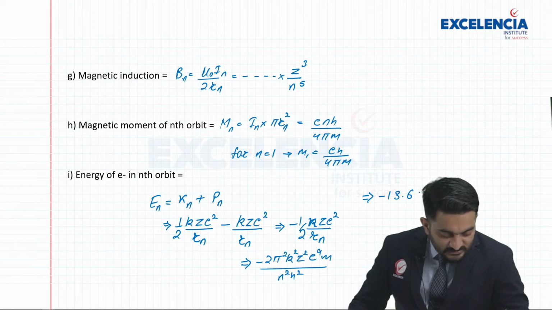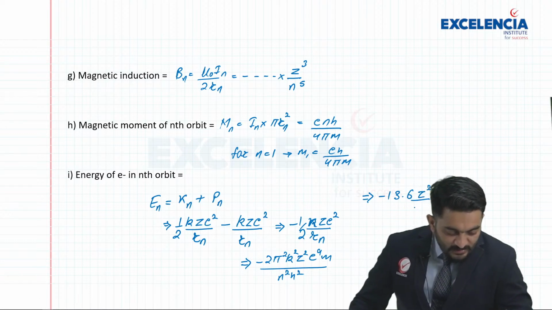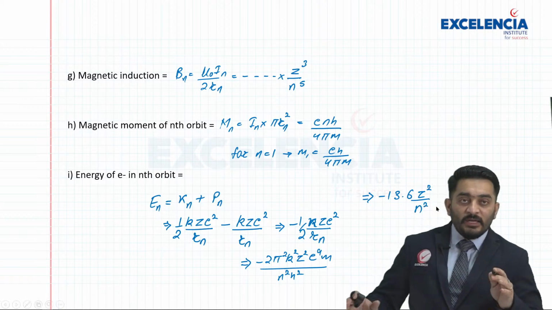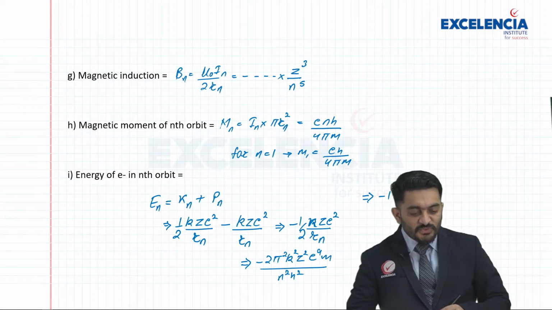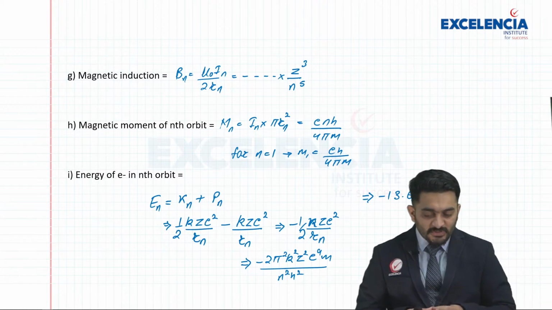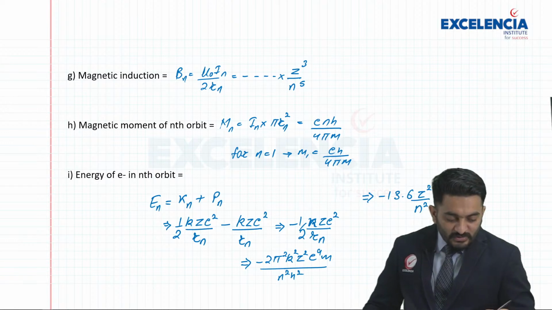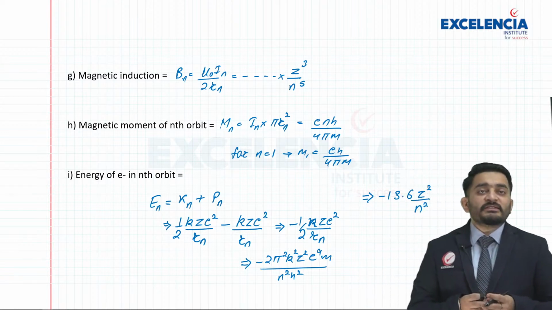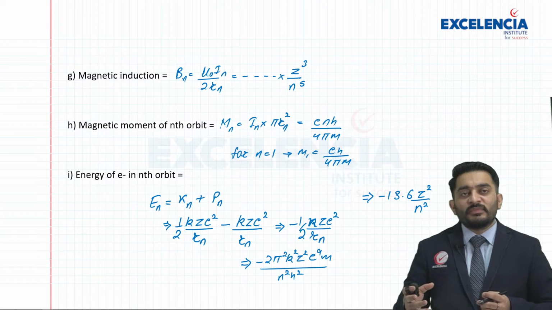But Z square and n square I'll keep here, so that you know that the rest of the values I have written are constants. That's the reason I can remember this particular value. And given a particular atom, I can decide what my atomic number and orbit number will be.